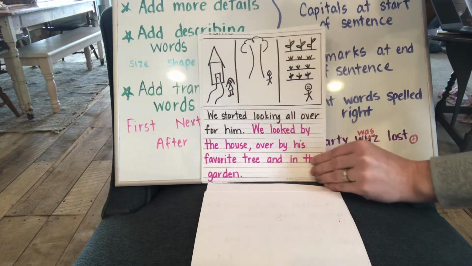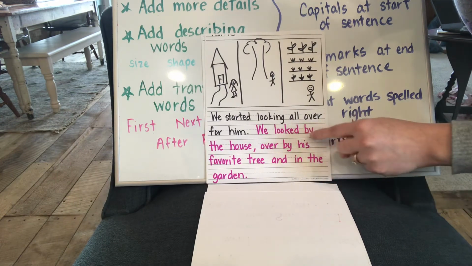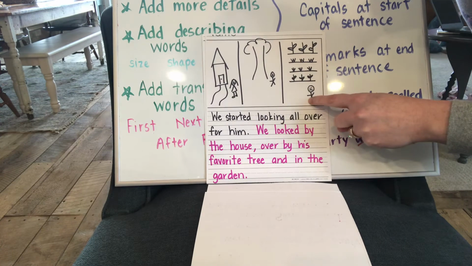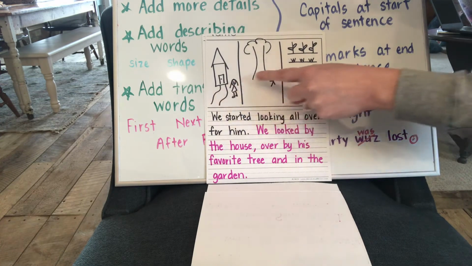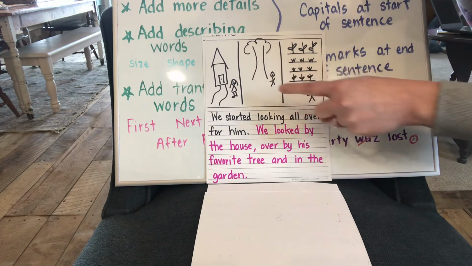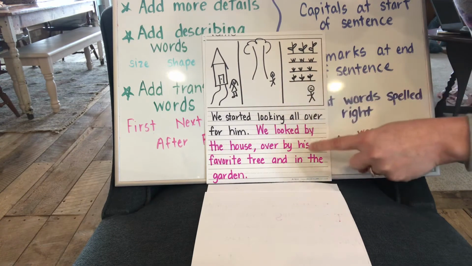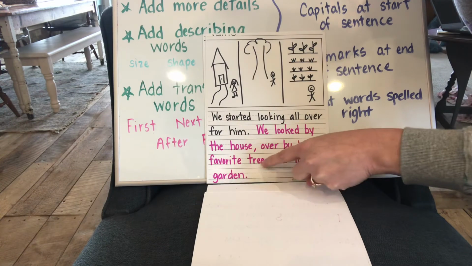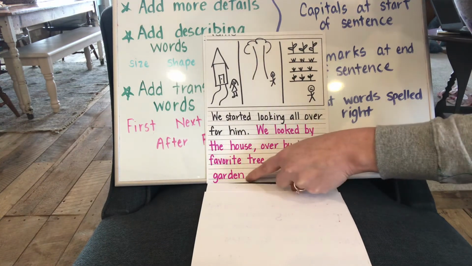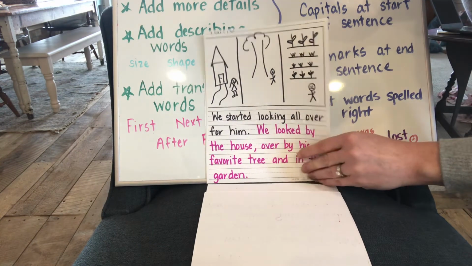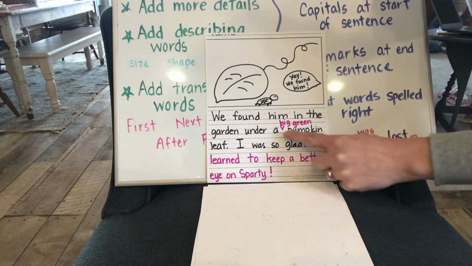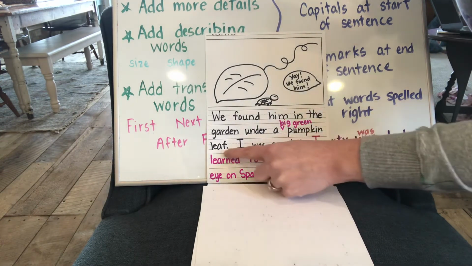We started looking all over for him. Well, I added more here because I looked at my picture and I remembered that we looked up by the house, we looked by the tree, and we looked in the garden. So I added that to my words. I said we looked by the house, over by his favorite tree, and in the garden. We found him in the garden under a big green pumpkin leaf.